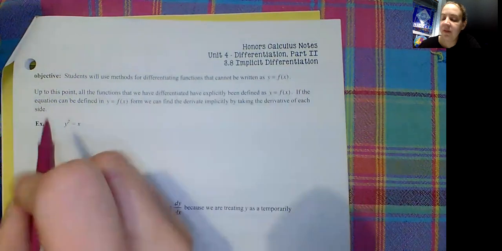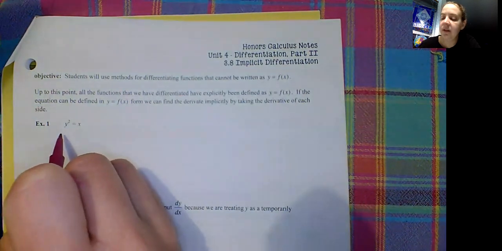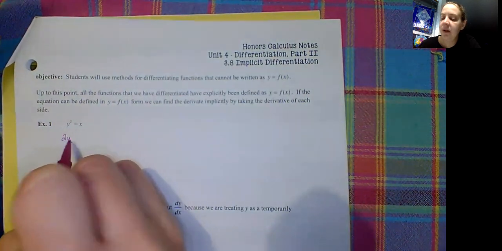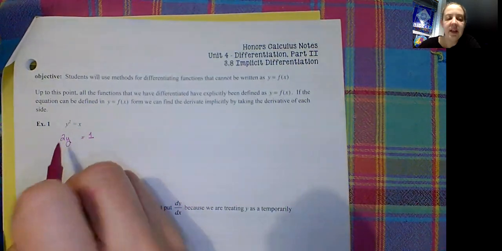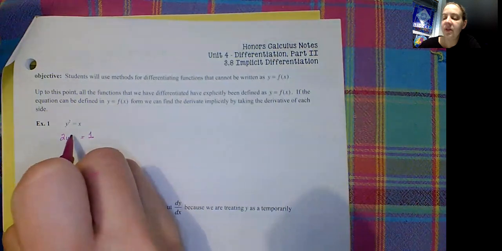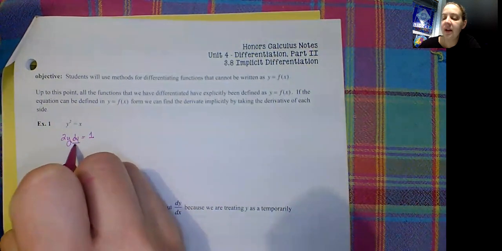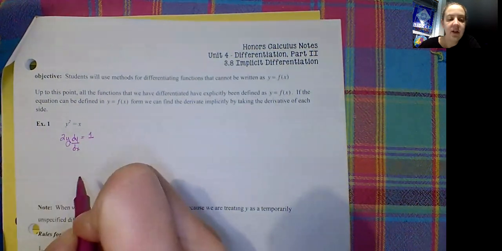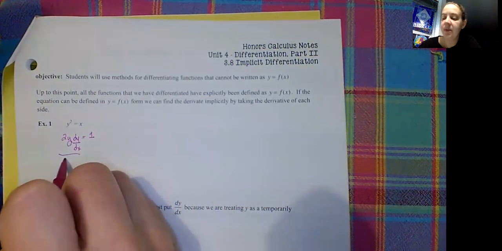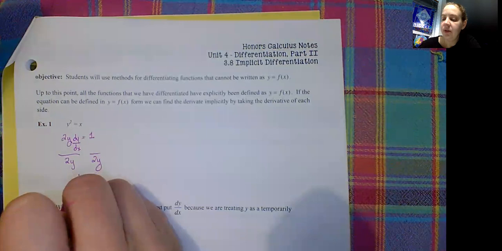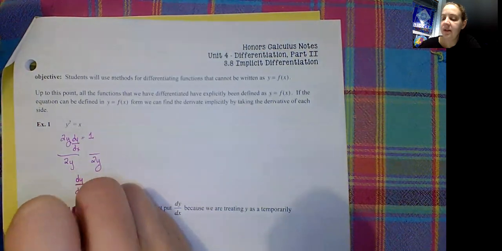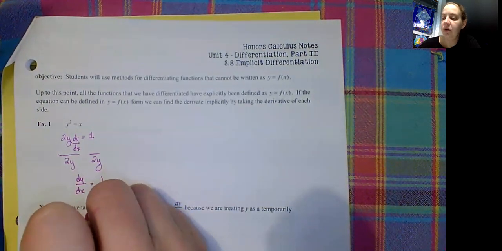For example, the derivative of y squared is 2y, and the derivative of x is 1. But when we take the derivative of y, and this is the new part for today, you follow it up with dy dx. And then to solve for dy dx, you divide both sides by 2y. So dy over dx is equal to 1 over 2y.